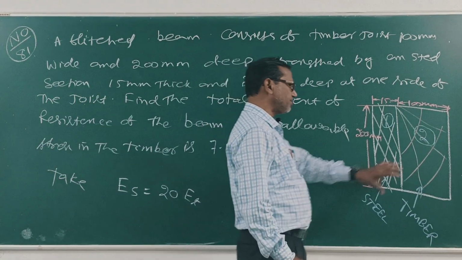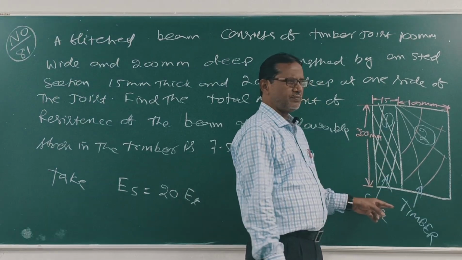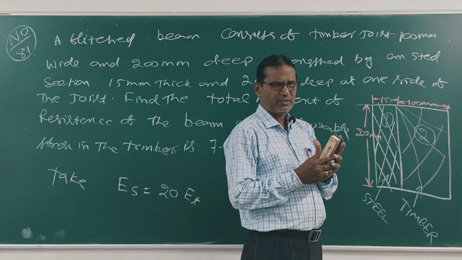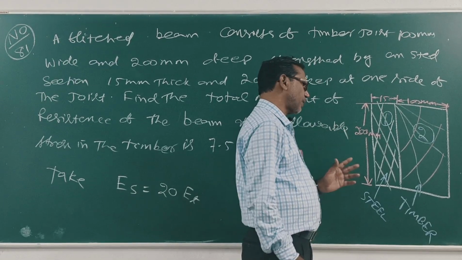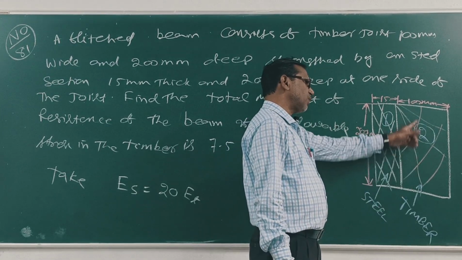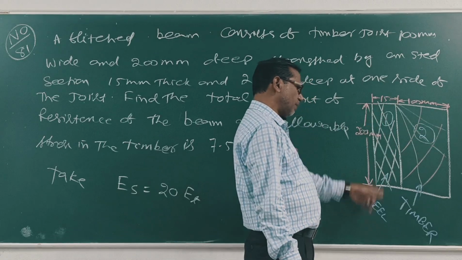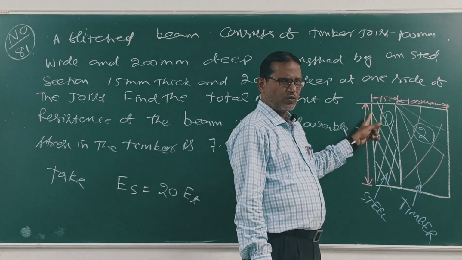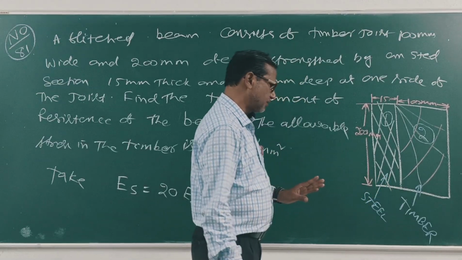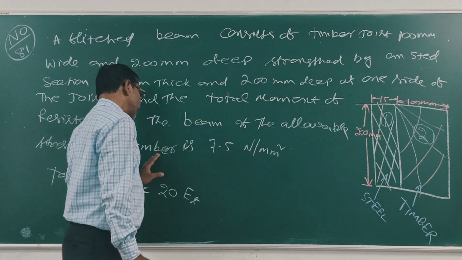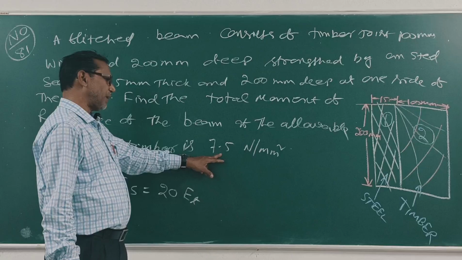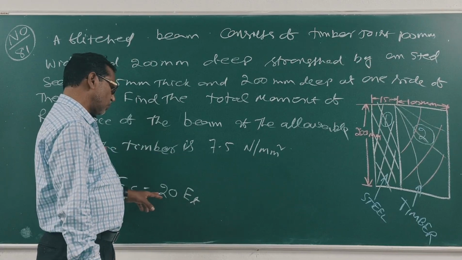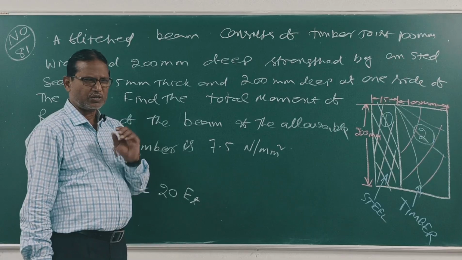This is the timber section, this is the steel section, both are joined together, they form a fixed beam. The timber is 100 mm wide, 200 mm deep, the steel is 15 mm thick and 200 mm deep. Clear?